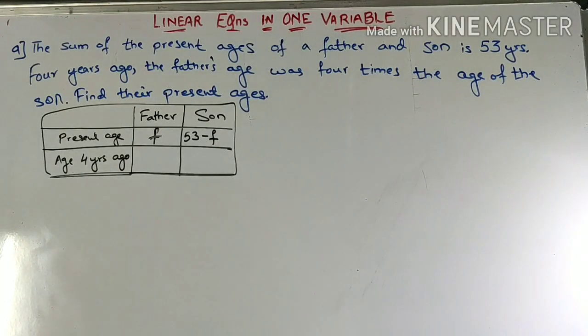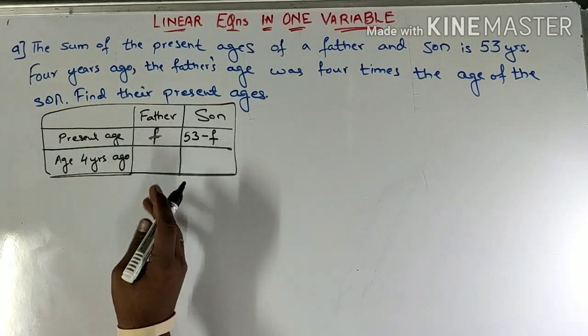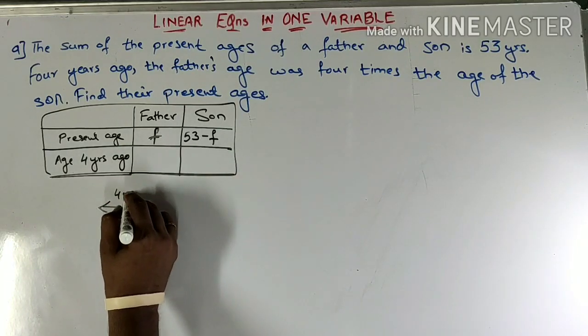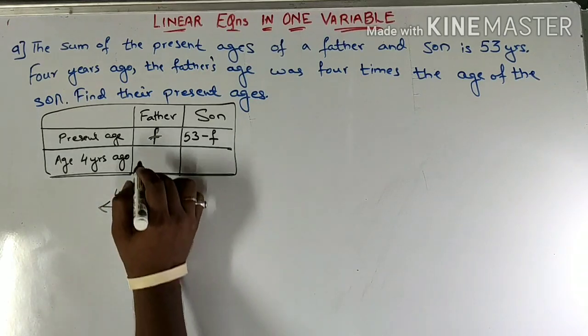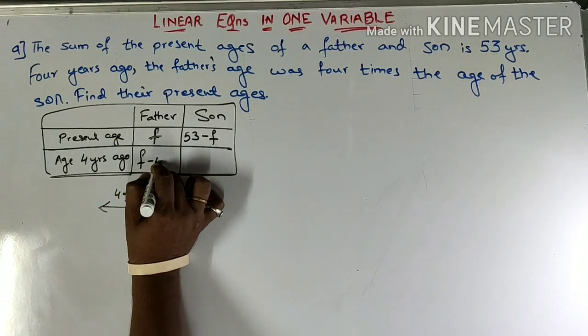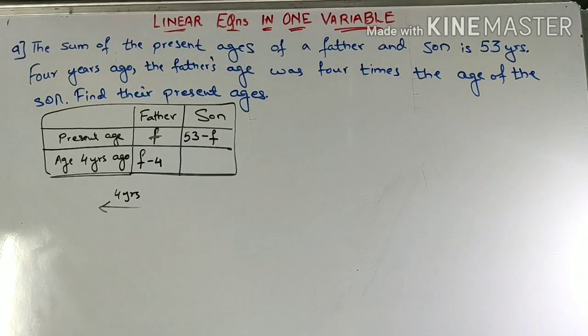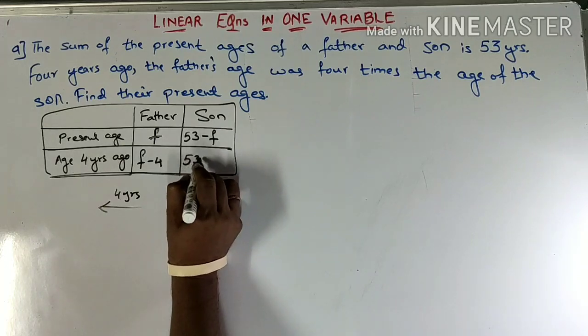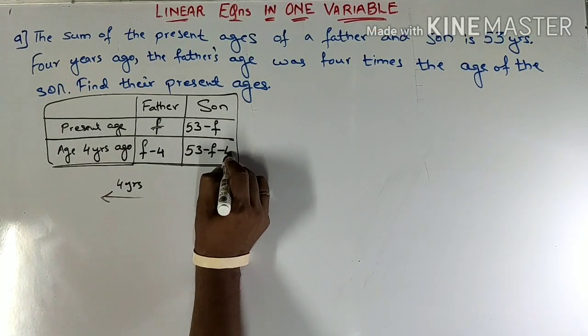Now what will be father's age 4 years ago? 4 years ago from now, go back in time, flashback, how much? 4 years ago the father's age will be f minus 4 and the son's age will be 53 minus f minus 4.